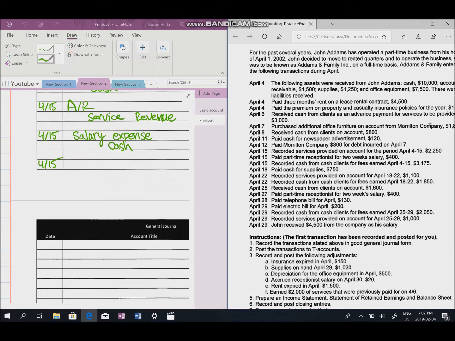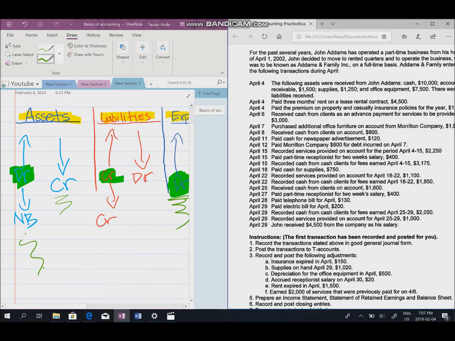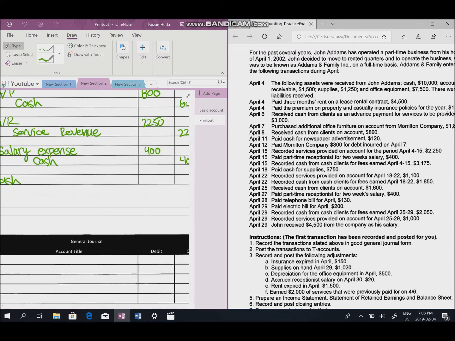Whenever you see recorded cash, that means you earned cash. Again, you might be tired of hearing me say this, but to increase cash, since cash is an asset account, you will debit cash. I recorded cash, that means cash came into my bank account, so my cash account would increase automatically. This is common sense and logic.